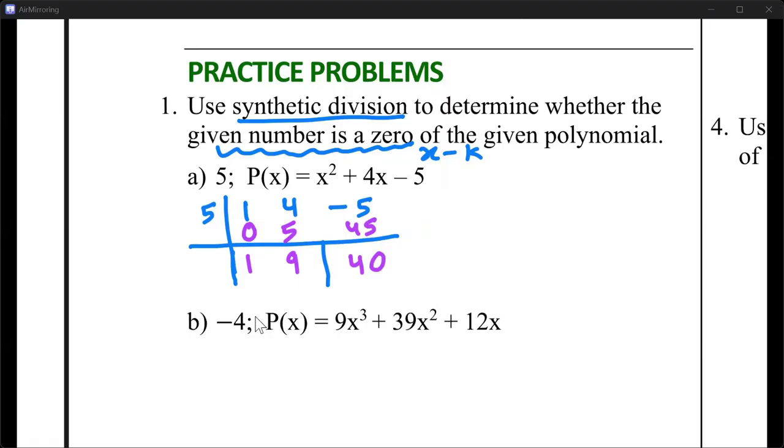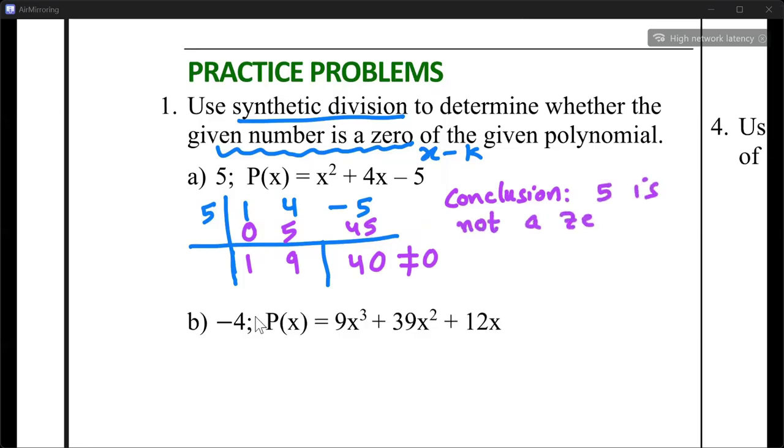Okay, you can check your work now. And the remainder here is not equal to 0, correct? And the conclusion you can draw here is that 5 is not a 0.